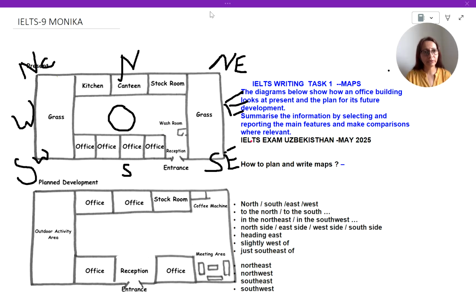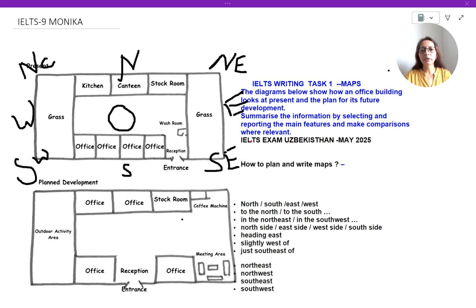So in the first 5 minutes you can read and analyze both the maps. Okay, now coming to an important thing: what tenses you are going to write for presenting the first map. Simple present tense, and of course passive voice also you will be using.